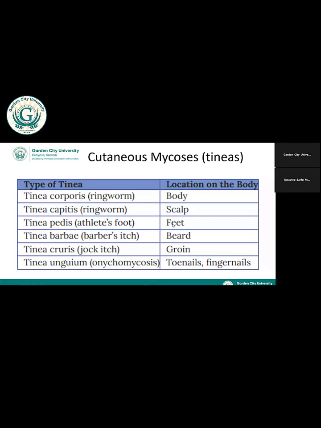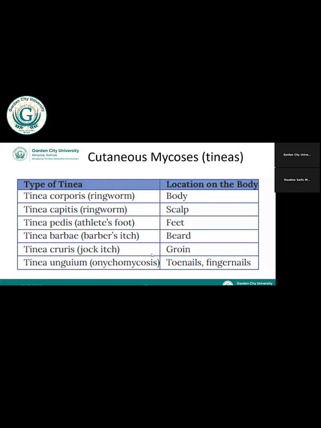If it affects the feet, then it's tinea pedis or athlete's foot. If it's affecting the beard, the barber's itch, that is tinea barbae. Sometimes you can have the groin affected, which is also jock itch, so that is tinea cruris.